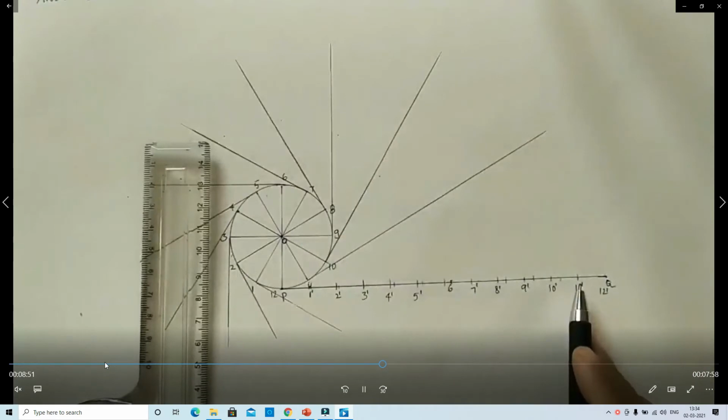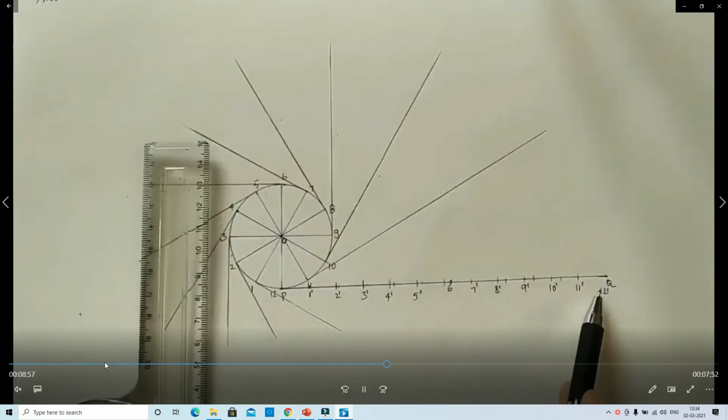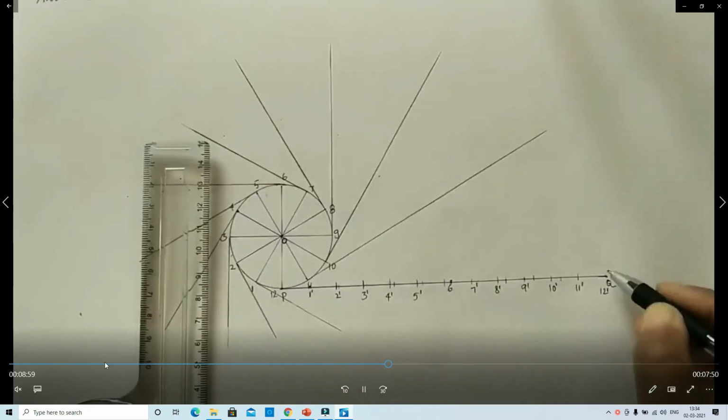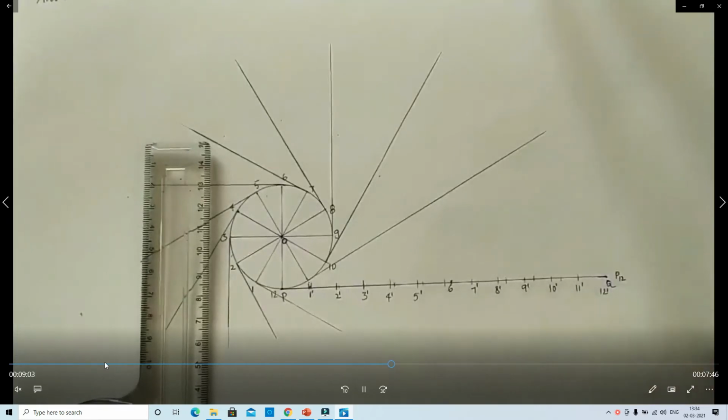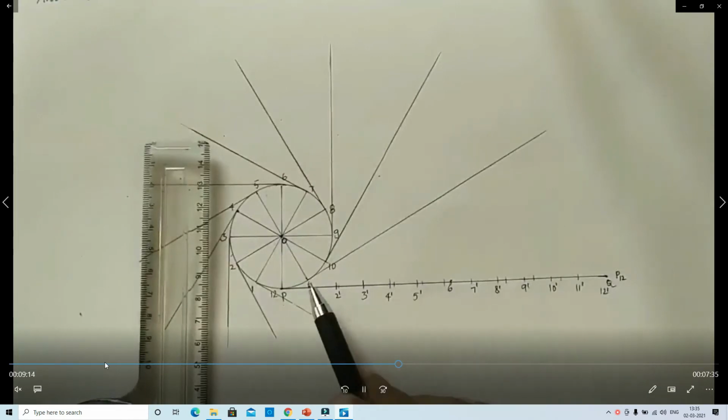Now we need to cut the tangents with the help of the compass.